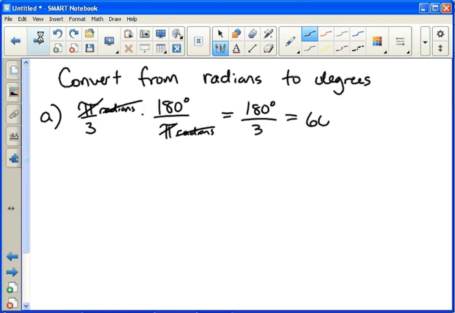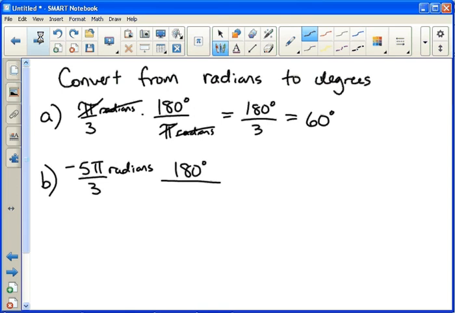Okay, second one, let's do negative 5 pi over 3 radians. We want to go from radians to degrees, so I put the degrees on top, 180 over pi radians.